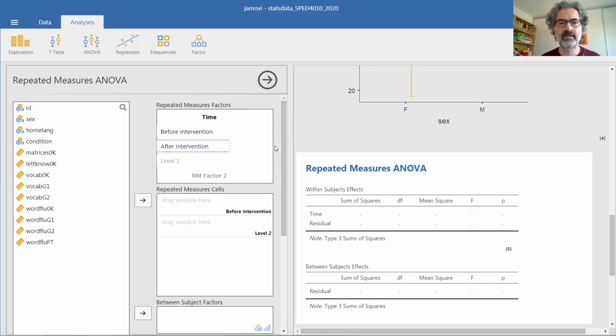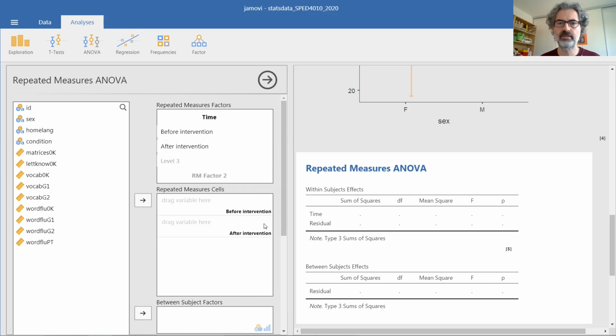So I'm making up the factor with the repeated measures in the definition of the analysis. The time factor is not a variable in my data. Rather, the levels of this factor are variables in my data. And as you notice, what I typed here appears down here.